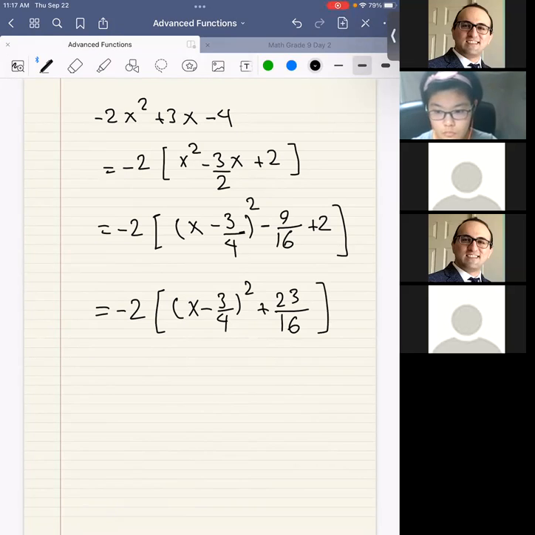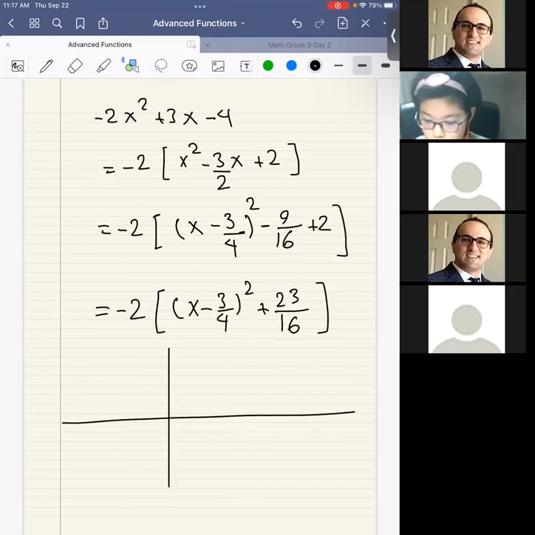Now we get something good. Now we can draw a picture because this is the vertex form. Because you know that x minus 3 over 4 squared plus 23 over 16 is something that looks like this.